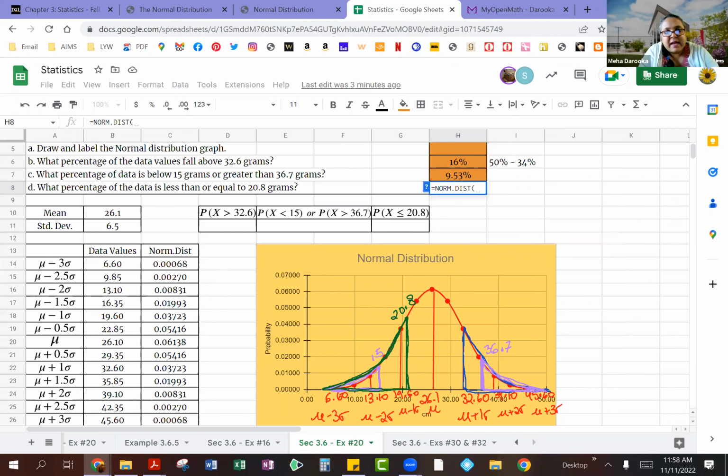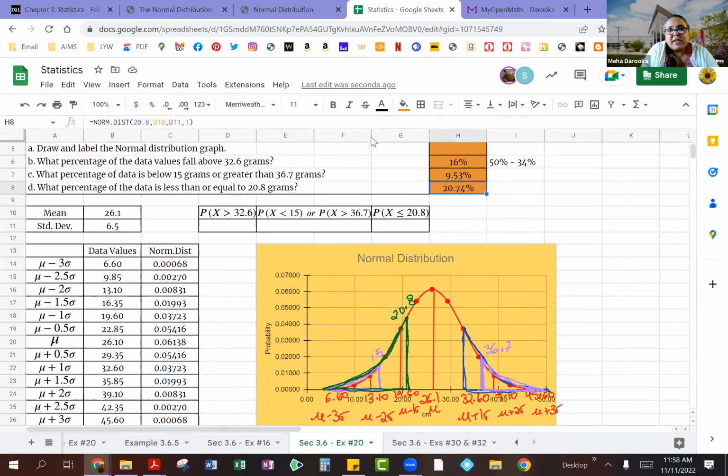So our data value is 20.8, comma, our mean is 26.1, comma, standard deviation 6.5, and then again for the last argument you put 1. And you can see this is coming out to be 20 something percentage. So again, we'll format that as a percent, and you can see that comes out to be 20.74.